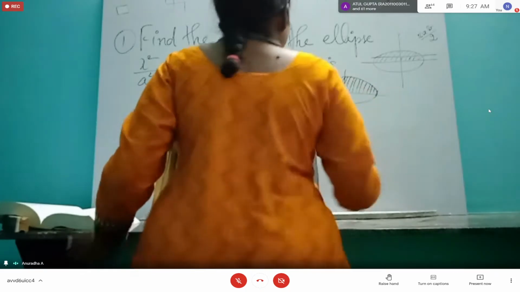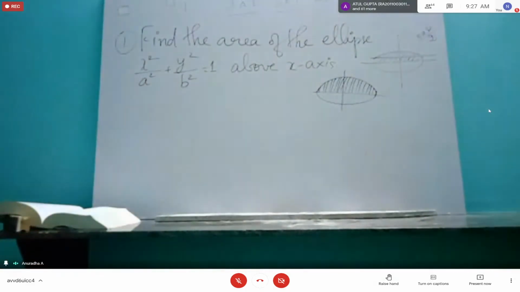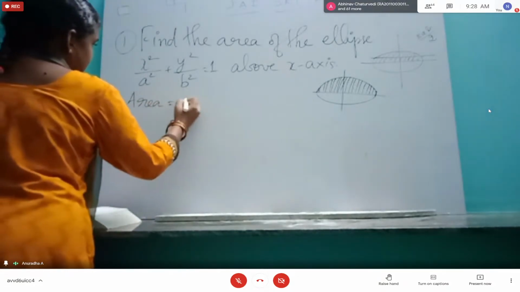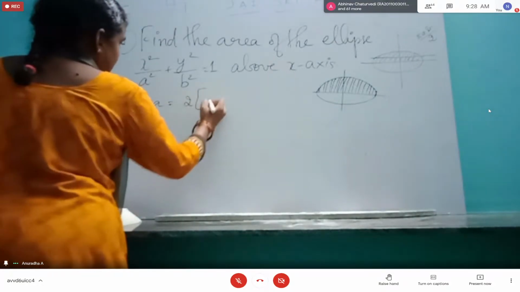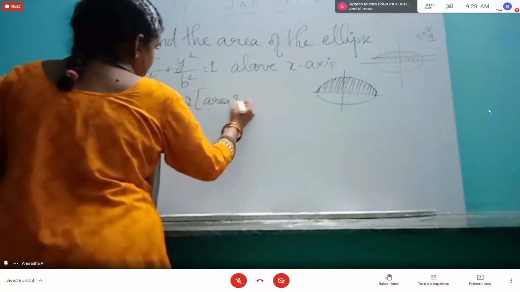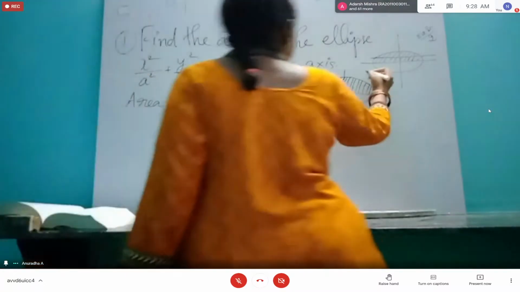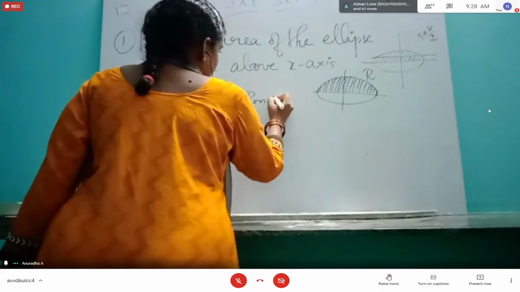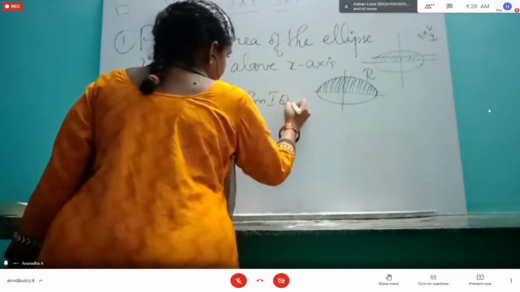So I am going to take y integration as the inner integral. So area can be written as 2 times area of R in the first quadrant.